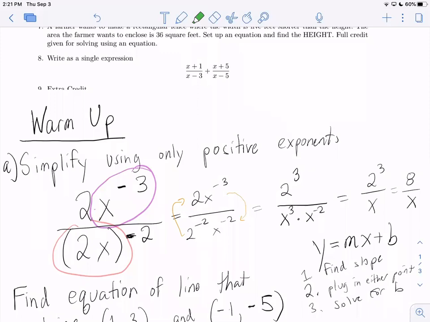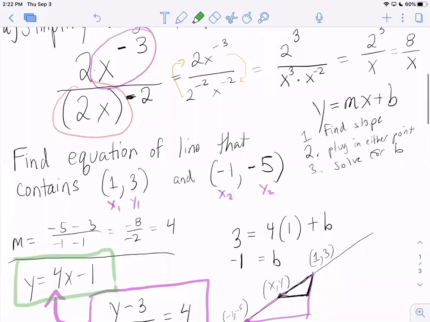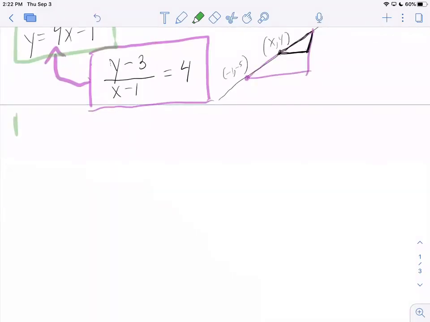Chapter 1, number 33. Yeah, let me take a look. Wait a second, this is R1. These are all in the back, by the way, the review sections. So R1, 33.